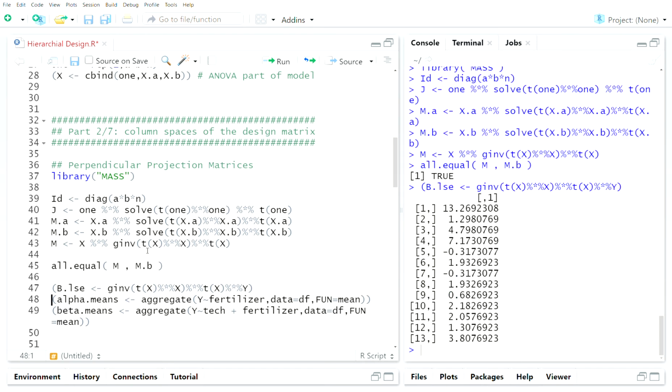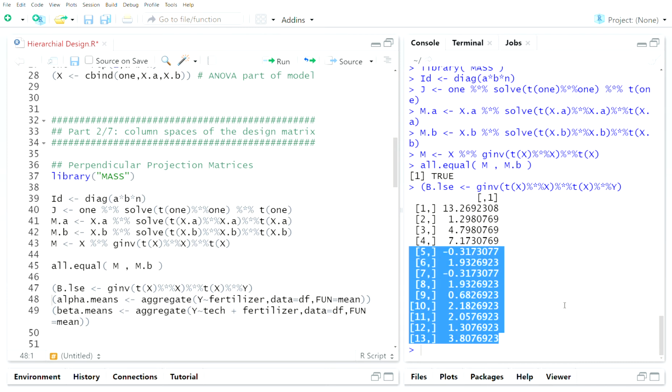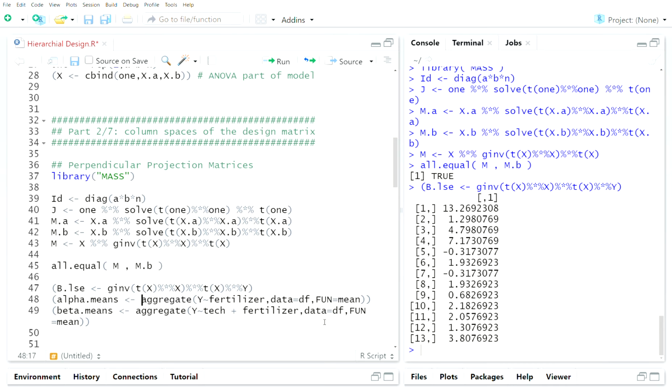Now, these next 3 lines are going to come back when we look at contrast. So here's the least squares estimate for the beta parameter. The first one, the 13, deals with the mu parameter. The next 3 deal with alpha 1, alpha 2, alpha 3. And then the next 9 deal with factor B. And let's look at the means.